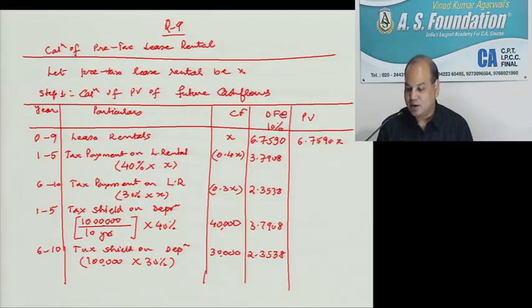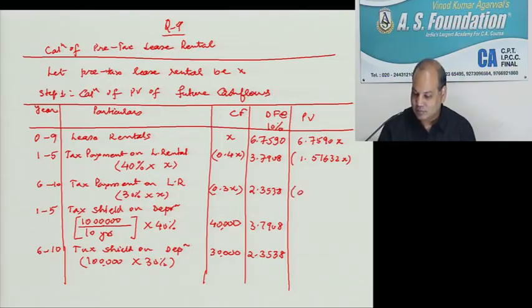6.7590X. Multiply now. Next 0.4X into 3.7908, 1.51632X. Oh, very good. Others will check. Next, multiply 0.3X into 2.3538, 0.70614X.